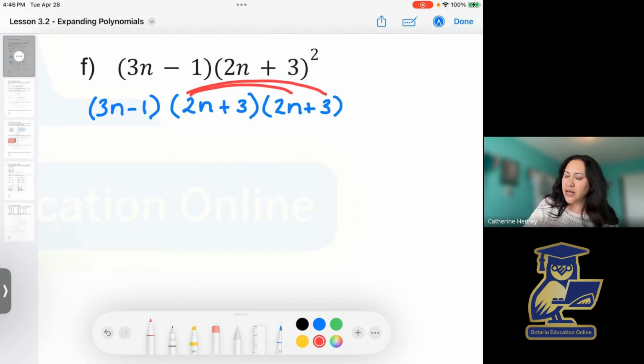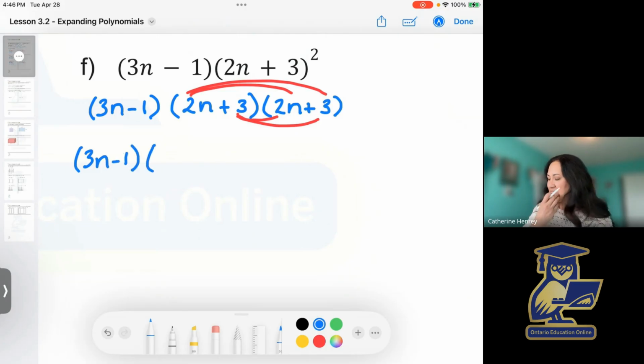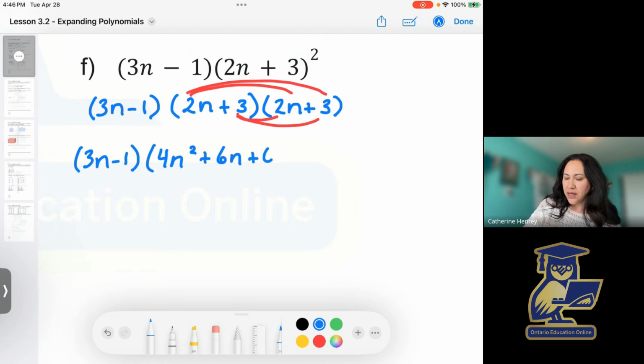So first, outer, inner, and last. We haven't touched the first bracket yet, 3n minus 1. And I'm going to keep this in brackets till we're all done with it. We have 4n squared plus 6n plus 6n plus 9.